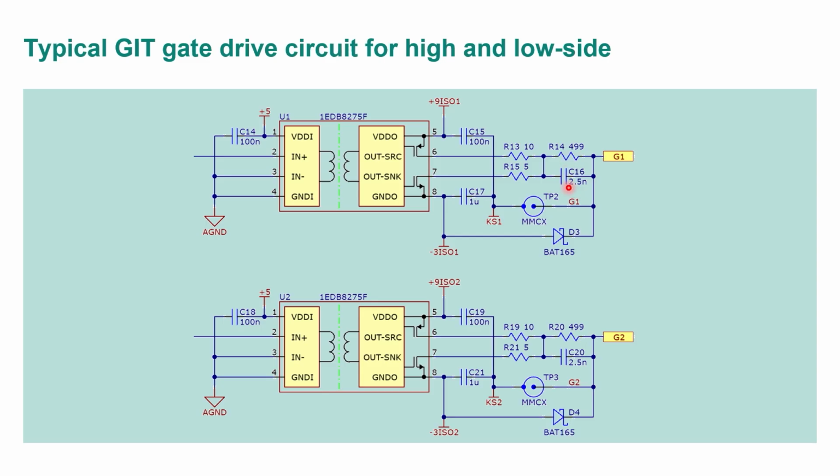Well, that time constant's fairly long. It's a microsecond or two. So if I'm going to have a short off time, I want this capacitor to fully reset by the next cycle. I can do that by adding this diode, which will guarantee that I now have a very fast reset of the capacitor during the turn-off period. So we refer to this as our bulletproof gate drive circuit for the GIT. With these components, you're guaranteed to be driving it correctly.